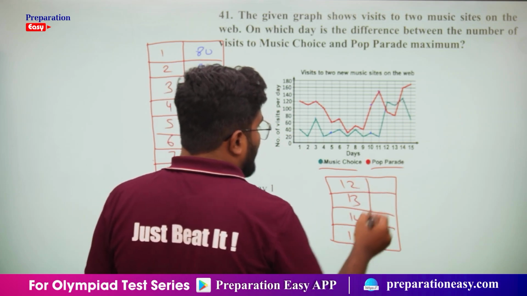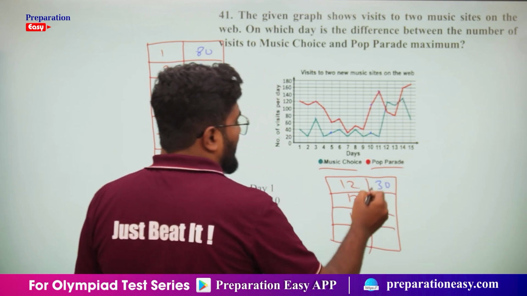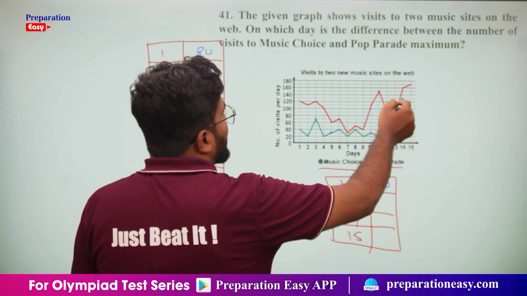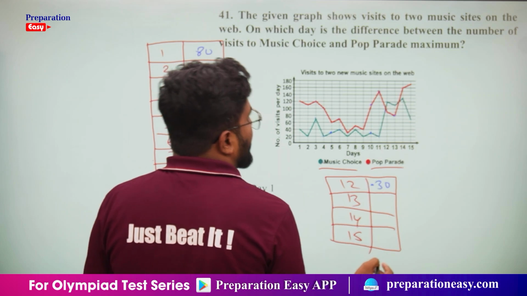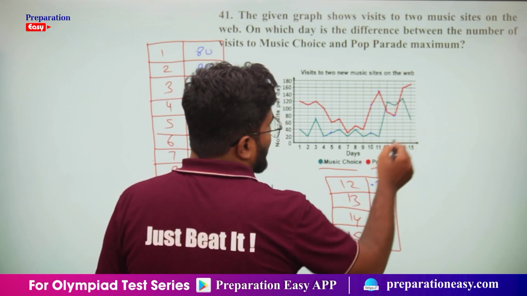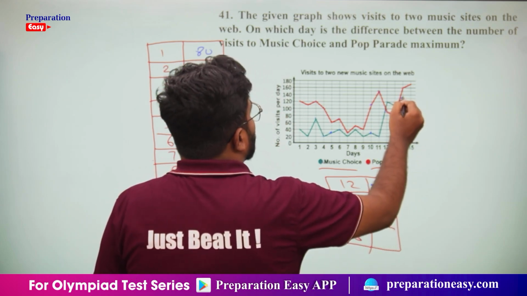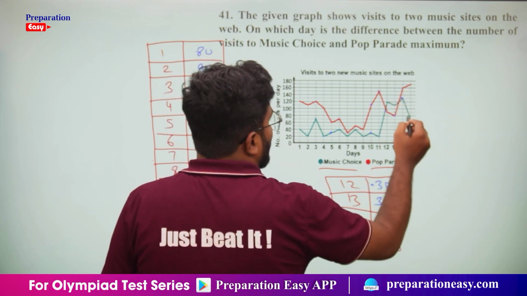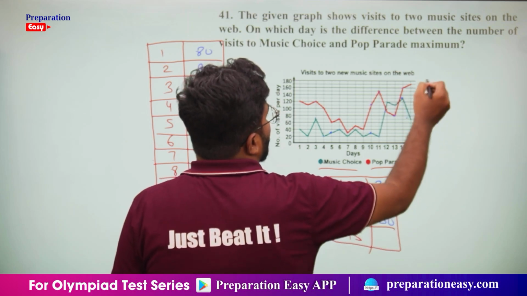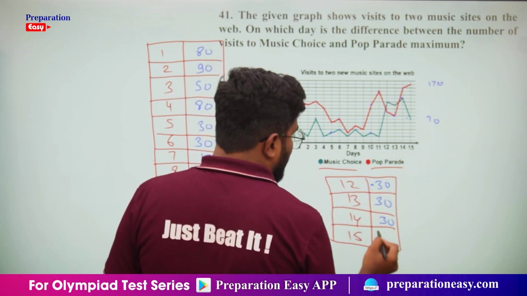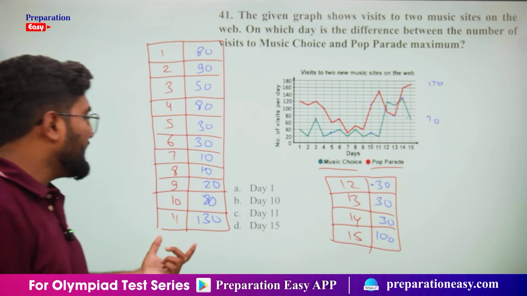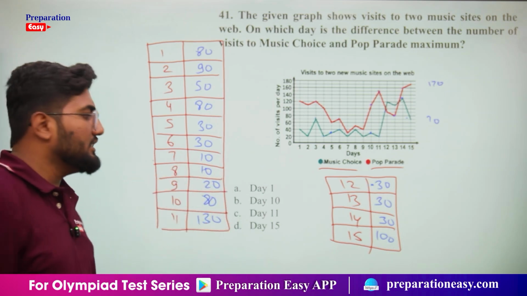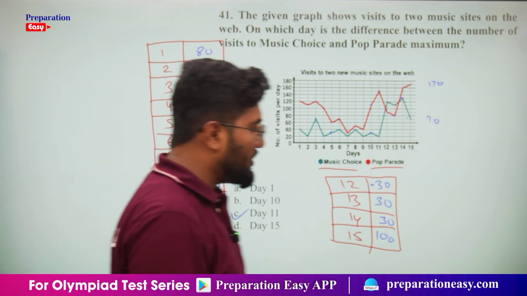So 120 minus 90 would be 30. Then on day 13, 80 and 110, again 30. Day 14 is 130 and 160, again 30, and day 15 is 70 and 170, that is 100. So on day 11 the difference is highest. Option C would be your answer.